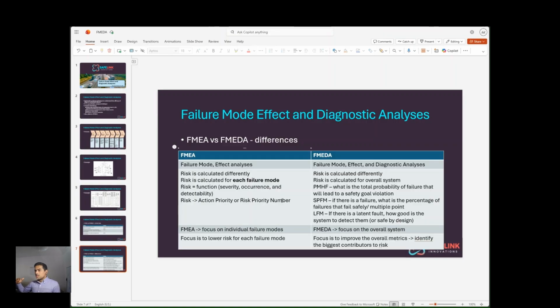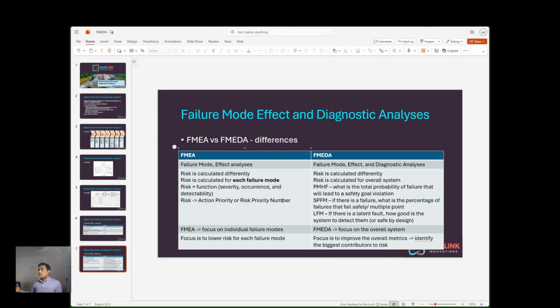Now, based on the severity, occurrence, and detectability, we say, oh, the risk is very high. What can I do to lower the risk of this failure mode? Then we would decide there's nothing that can be done about the severity. Severity is severity. Somehow I have to lower the occurrence, which is I could use a trustworthy component to lower the occurrence, or I could do some testing during design to lower the occurrence.